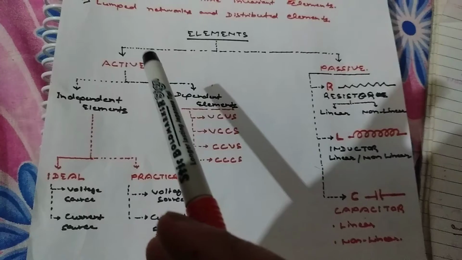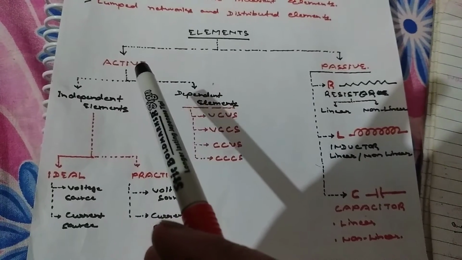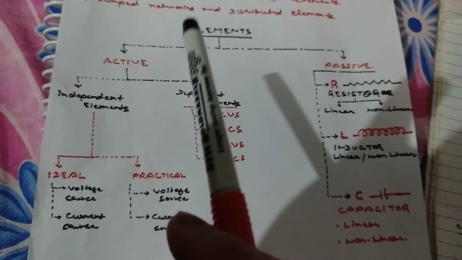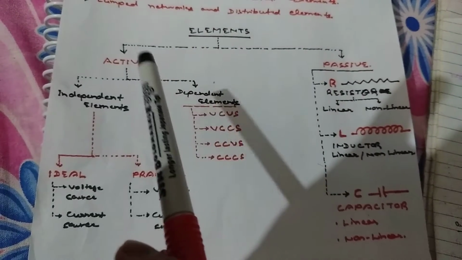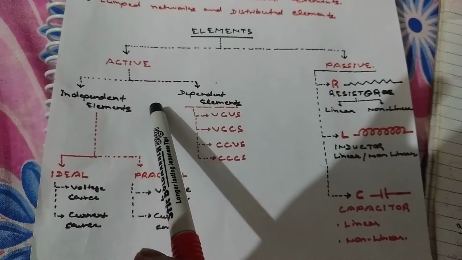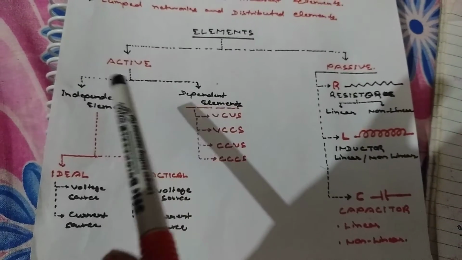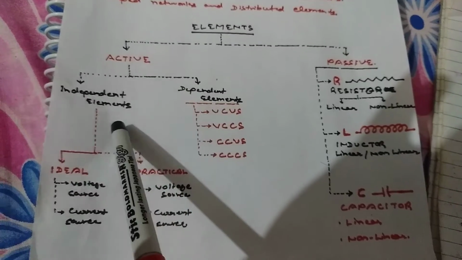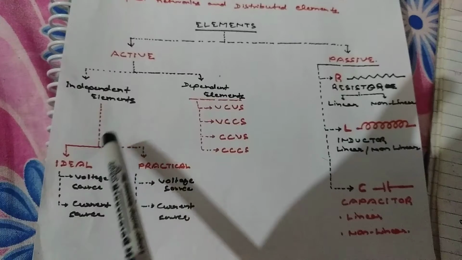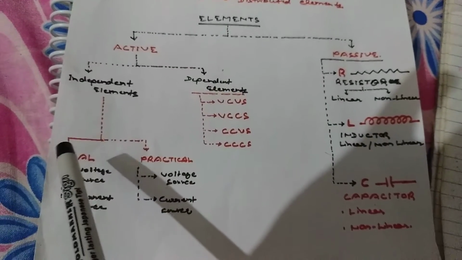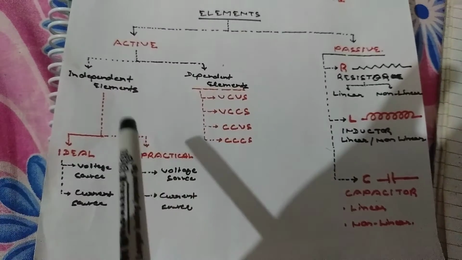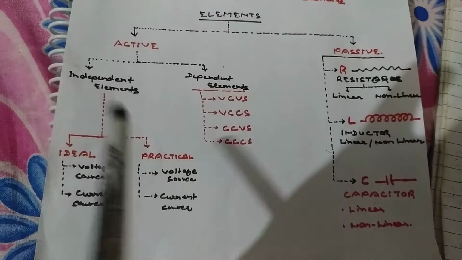As we all know, current sources and voltage sources, that is, the independent current sources and independent voltage sources, are active elements. Therefore, the current source and voltage source are called the independent active elements. Independent active elements are further classified as ideal independent active elements and practical independent active elements.